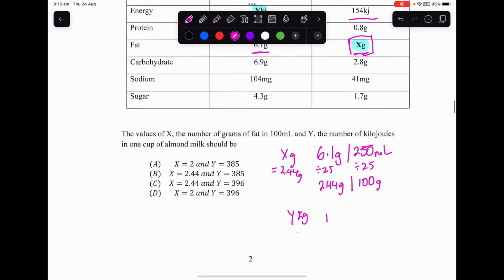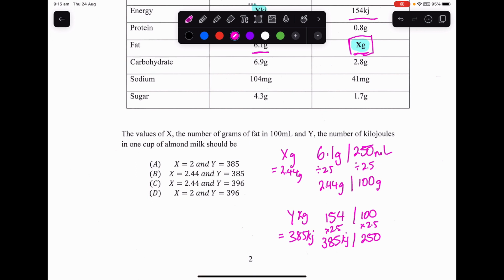So if I have 154 per 100, then I want this side to be 250, don't I? Because it's per serve this time. So I'm going to times by 2.5. So both sides times by 2.5, and I end up with 385 kilojoules on this side for Y. So Y should equal 385 kJ.